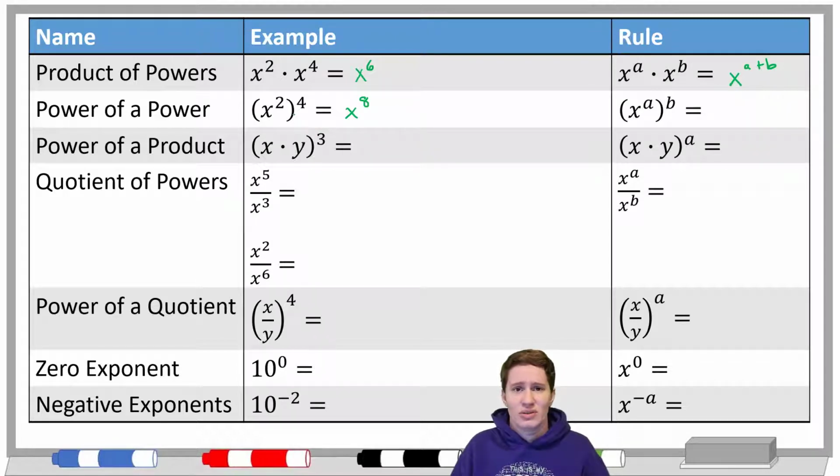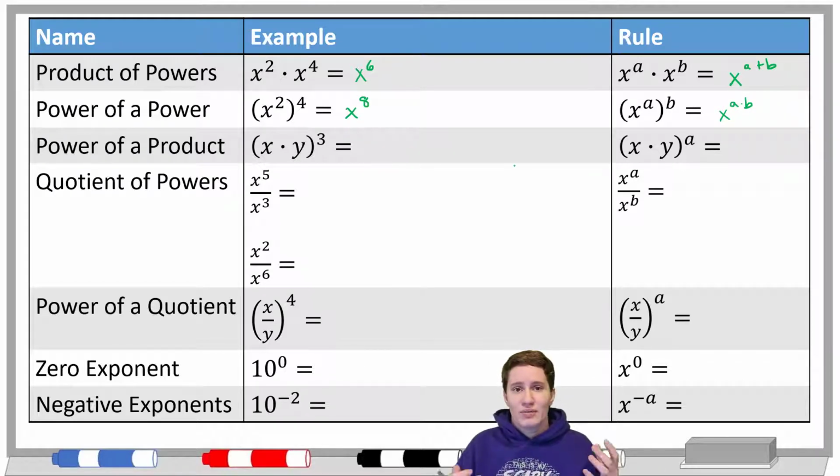We just don't usually write x squared to the 4th without parentheses. So you'll see parentheses. That'll be a big clue that I need to multiply these together. But you also can sit and think, okay, I've got x squared, but I've got it 4 times, so that makes x to the 8th. So for this second rule, we multiply our exponents together.